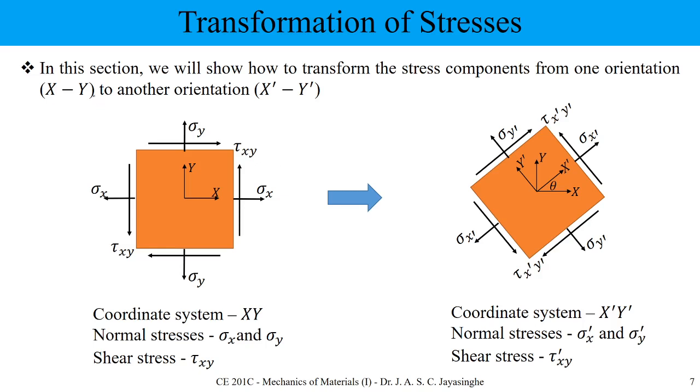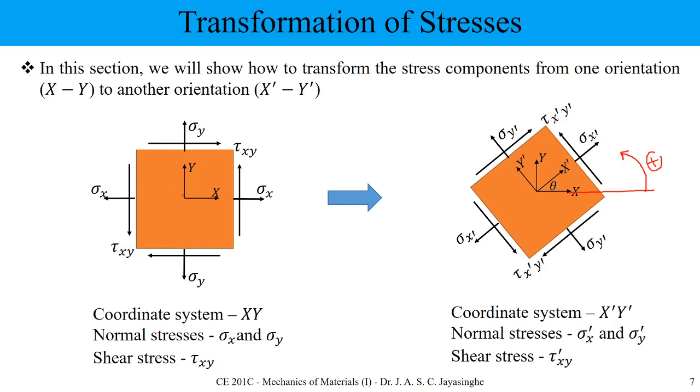Okay, this gives the same definition, as you can see. In this section we will show how to transfer the stress components from one orientation or coordinate system to another coordinate system. This is our general arrangement and this is our target arrangement, with rotation theta. In books there are different sign conventions and rotations, but in this course we take anti-clockwise as the positive rotation.